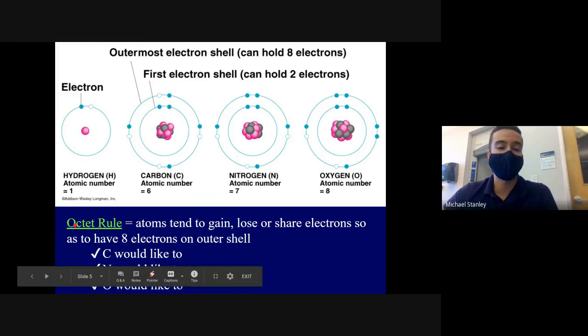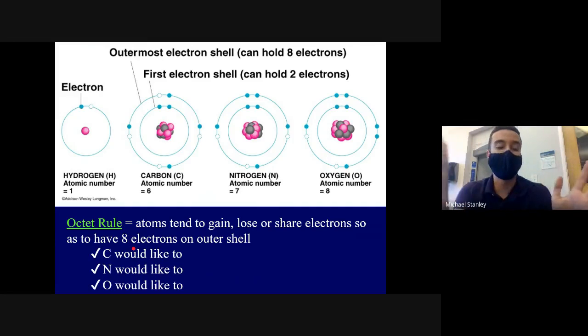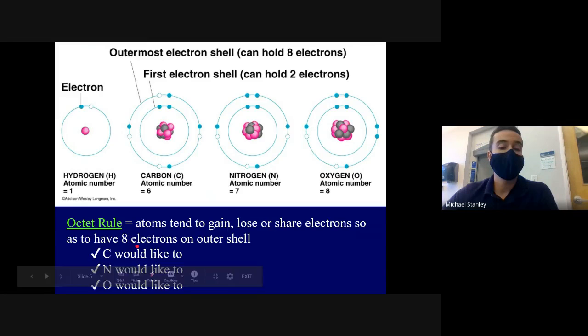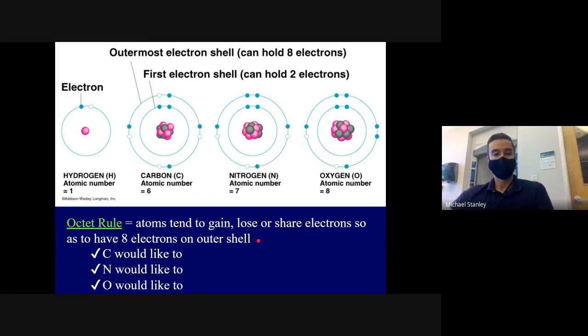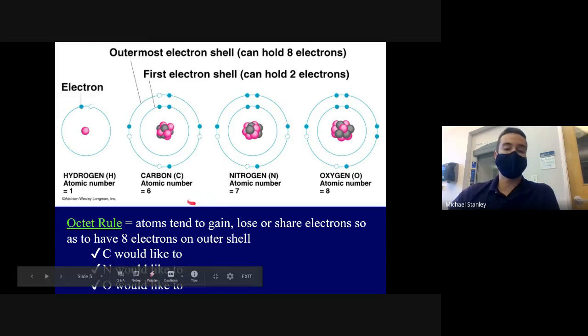It's called the Octet Rule because for the most part, unless you're hydrogen or helium, which are really, really small, all other atoms can have a maximum of 8 electrons on their outer shell. So the Octet Rule says that atoms want to have those 8 electrons. So they'll gain, lose, or share electrons in order so that they can get up to that magic number of 8.